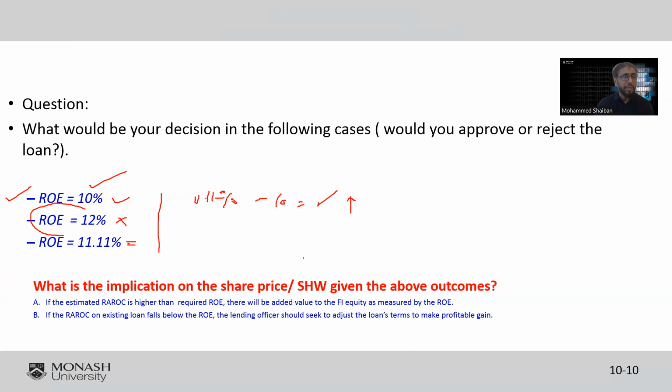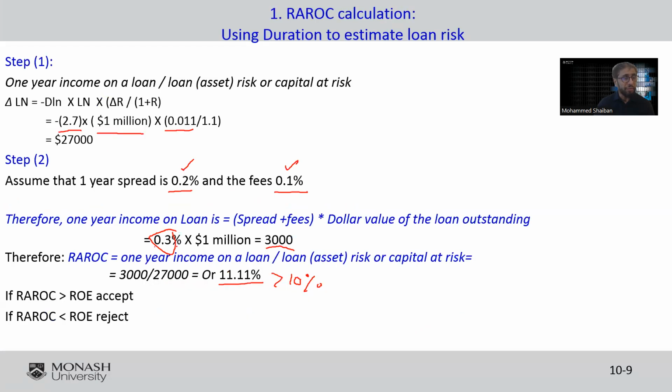Therefore, if the estimated RORAC is higher than the ROE, there will be added value to the financial institution's equity. If the RORAC on an existing loan falls below, then the lending officer should seek to adjust the loan terms and conditions, which means I can change the fees, increase the fees, or maybe decrease the duration.